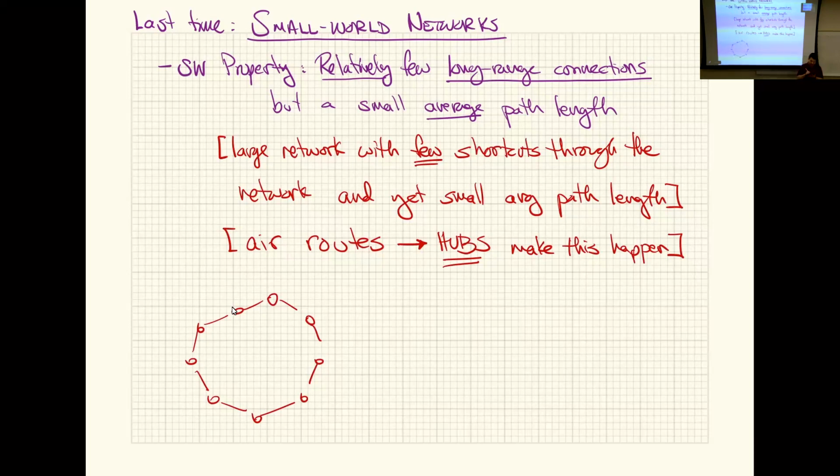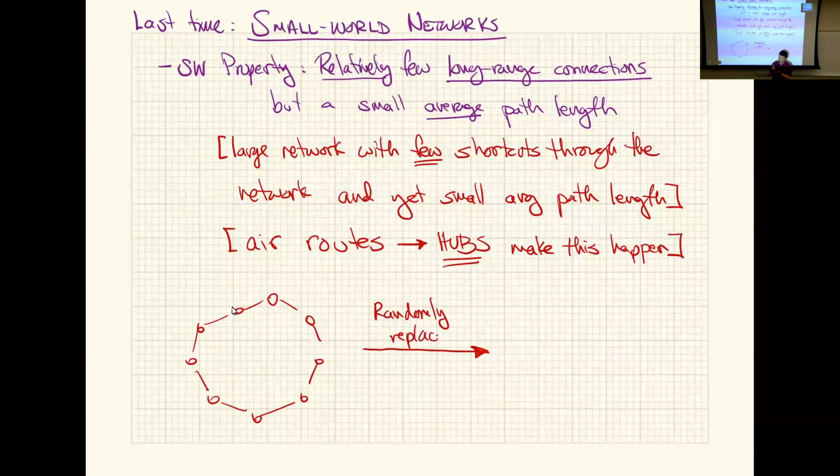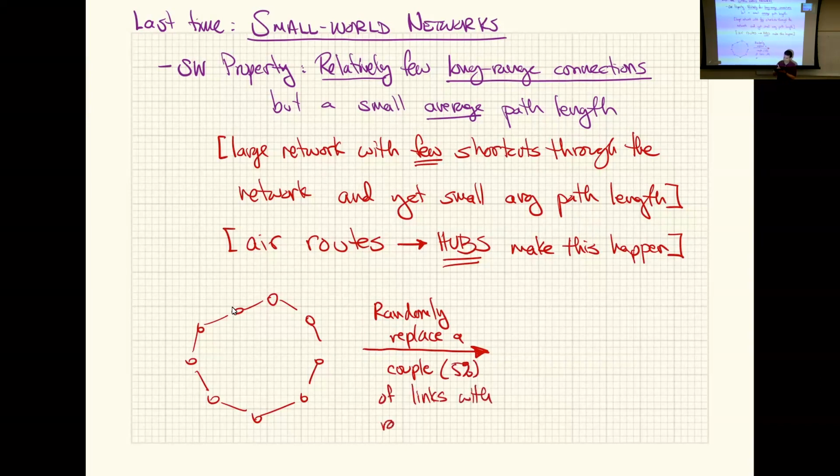But what Duncan Watts and Steve Strogatz figured out is that, well, if you randomly replace a few, so let's say 5% of links, with random links, then you get a network that looks very similar.